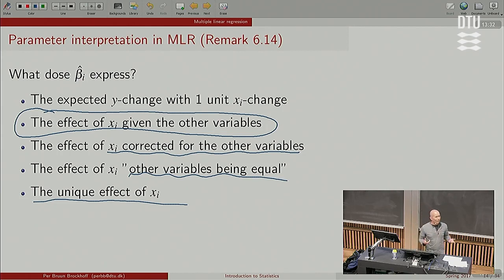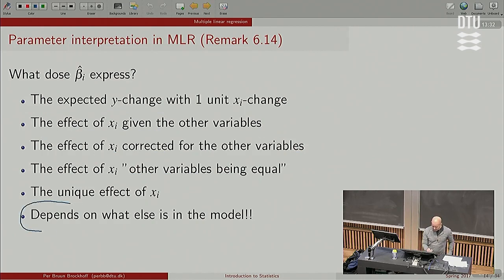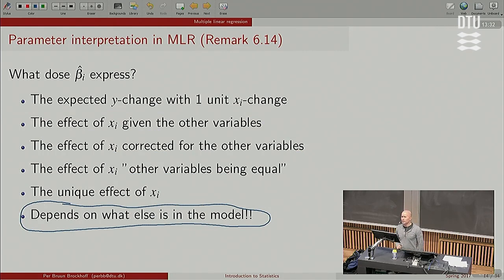So it's not an artificial effect due to some of the other things. It's a clean, pure effect, at least as pure as possible, in the sense that we have corrected for what we included in the model, and we have ignored what has not been included in the model.